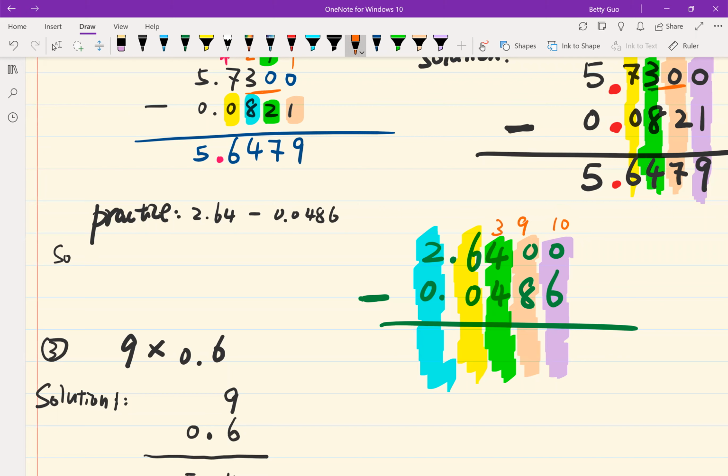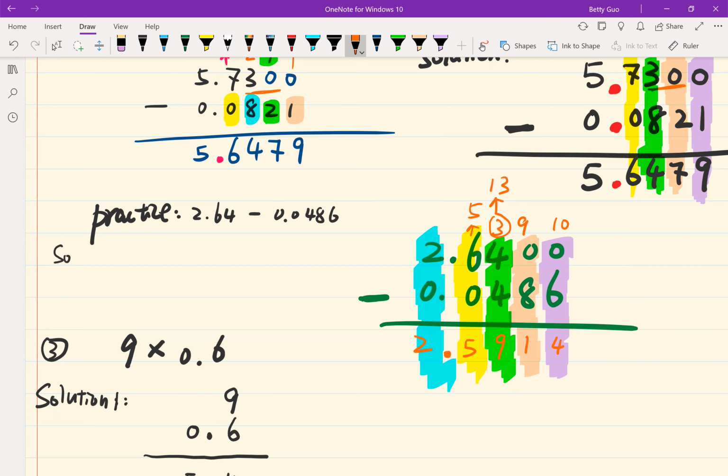So 10 minus 6, we have 4. 9 minus 8, we have 1. 3 minus 4, not enough, so we have to borrow. 3 becomes 13, and 6 becomes 5. 13 minus 4, we have 9. For the green column, 5 minus 0, we have 5. For the yellow column, 5 minus 0 is 5. Blue, 2 minus 0 is 2, and we bring down the decimal point. Same with yours, 2.5914. Very good. That's subtraction of decimals.